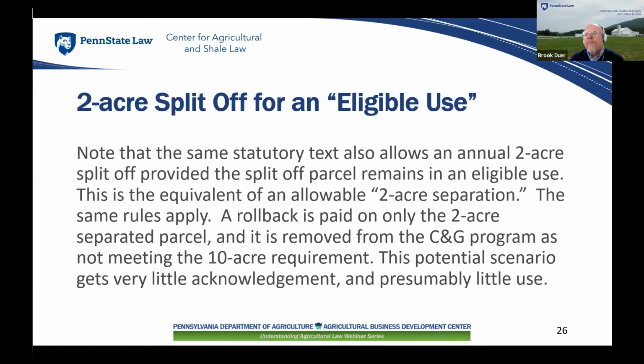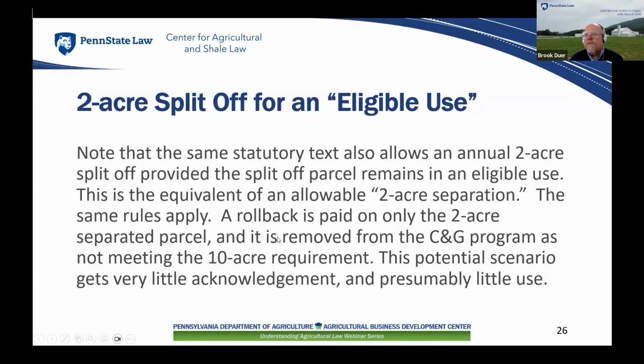Obviously, it's not as income generating because you're selling a lot that is going to be too small to probably produce any sort of agricultural commodity, et cetera. It's probably going to be in the ag reserve category, or it could be just a forestry lot. But it's a wood lot.